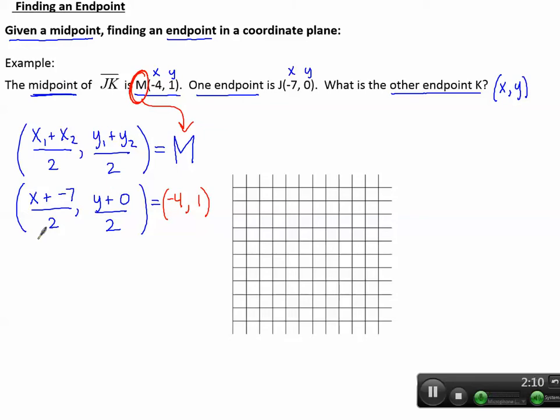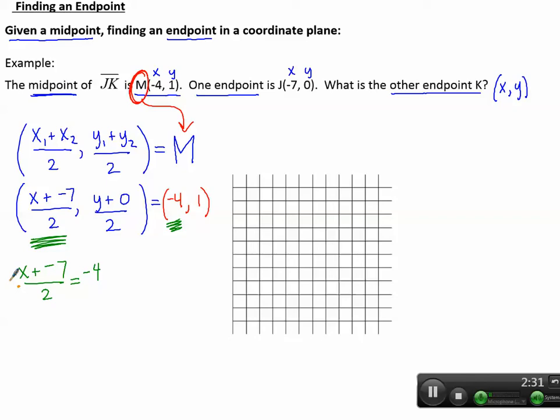So first I'm going to deal with the x's. The x's have to equal this x. So I'm going to write x plus -7 divided by 2 equals -4. And now I'm going to solve that equation. First, I want to get rid of divided by 2.